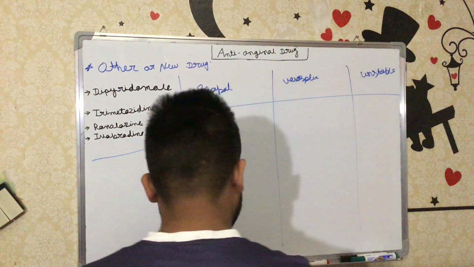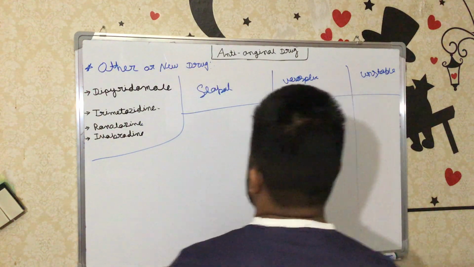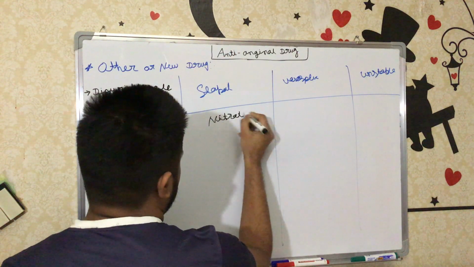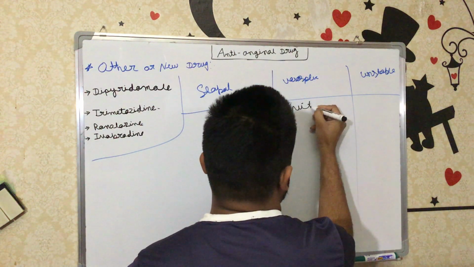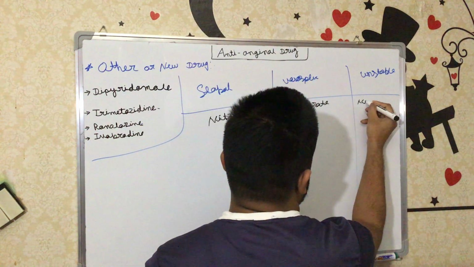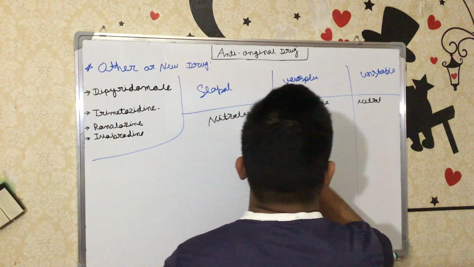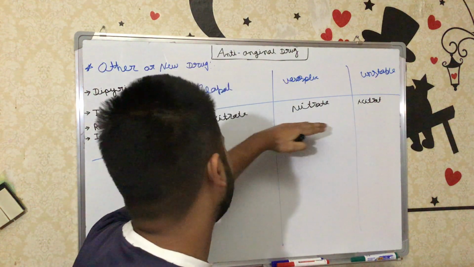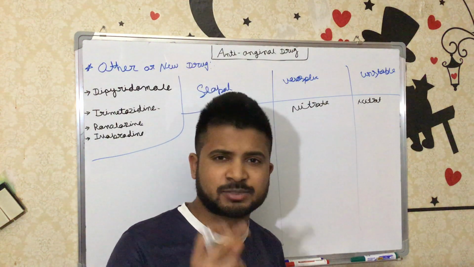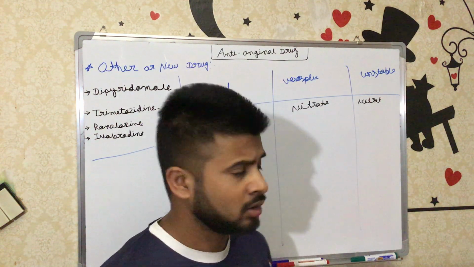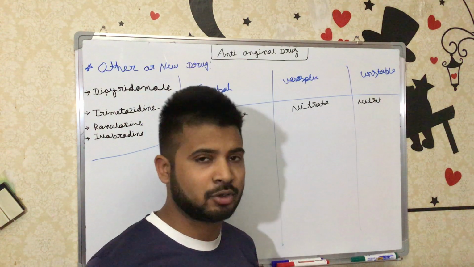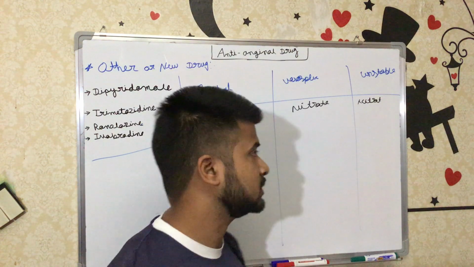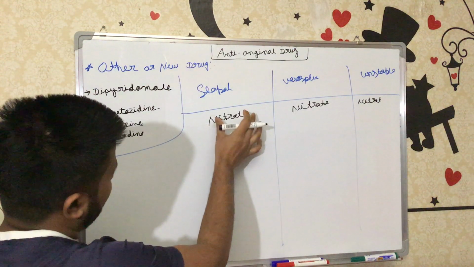First of all, for stable angina, obviously nitrates are the common drugs. Nitrates are most helpful for stable angina. In vasospastic angina they are not too helpful because it is a spasm of the artery, but the drug will still help because it can somewhat dilate. In unstable angina it will also be helpful, obviously, because it mainly dilates the vessels.